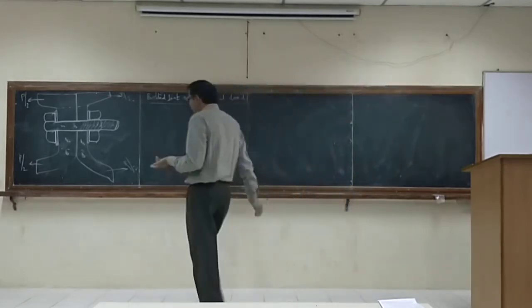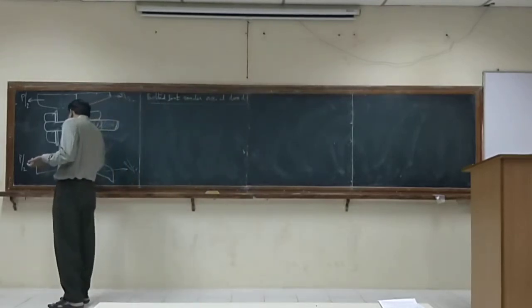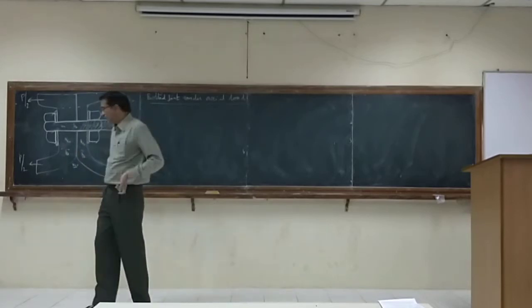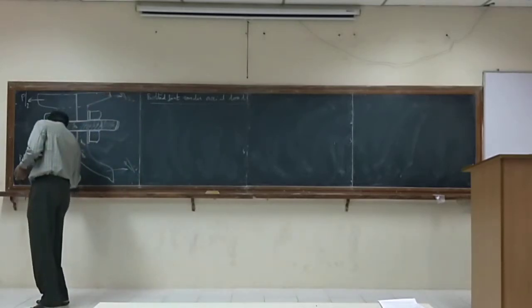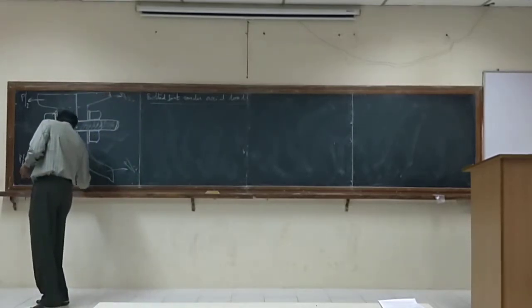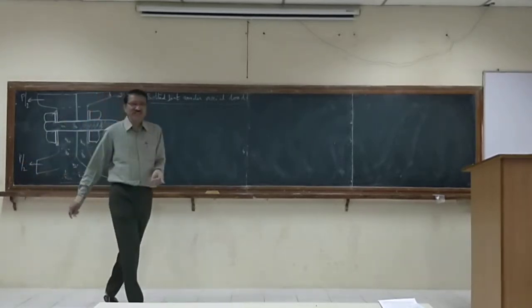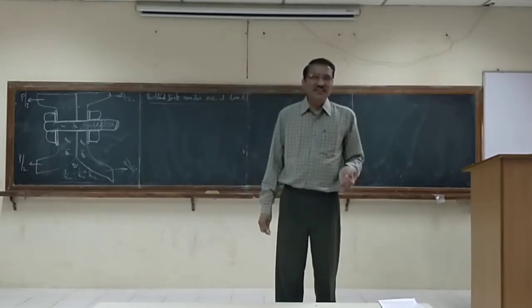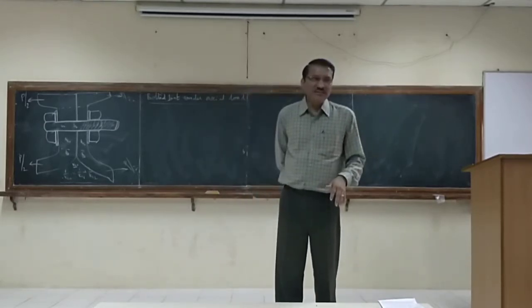Shall we call this Kc equivalent? How do you get Kc equivalent by the way? 1 by Kc equivalent is equal to 1 by Kc1 plus 1 by Kc2. Equivalent stiffness also can be obtained. Equivalent stiffness of the components and stiffness of the bolt.